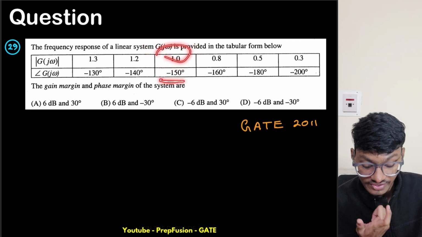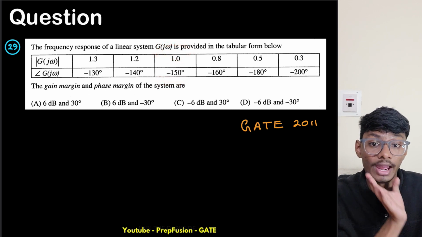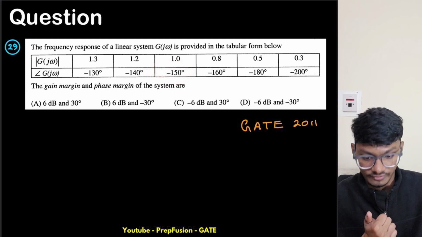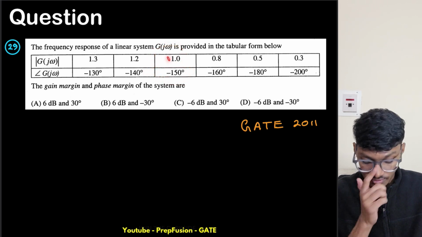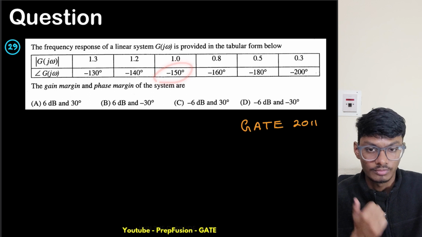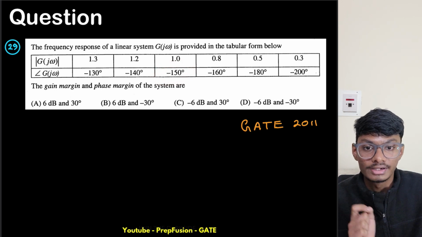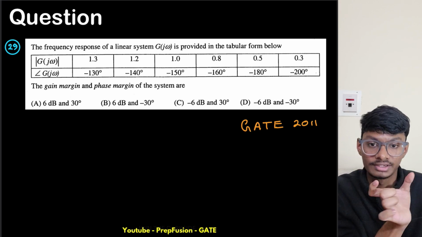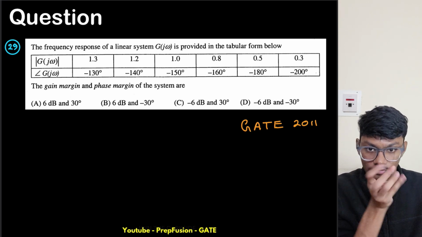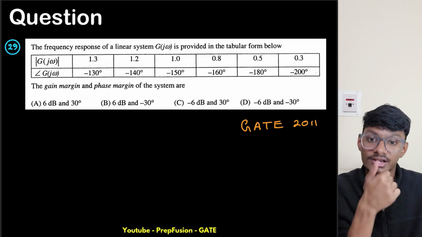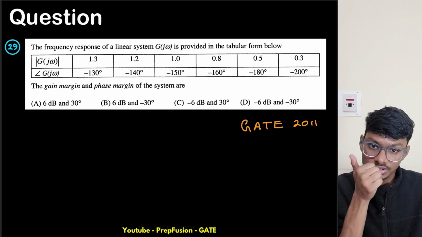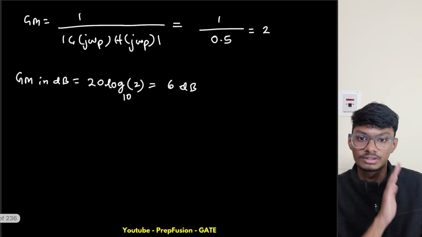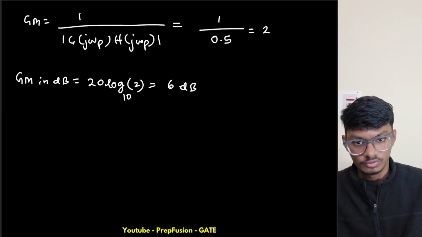The angle is minus 150 when my gain is 1, so I have to add minus 30 degrees with it. The amount of phase lag I need to add is 30 degrees. It is a negative angle, minus 30 degrees, but the phase margin is 30 degrees itself. So don't get confused by that, or simply use the formula.